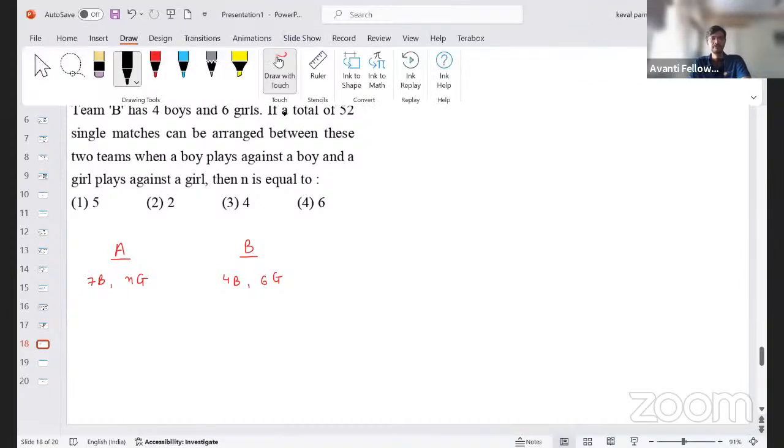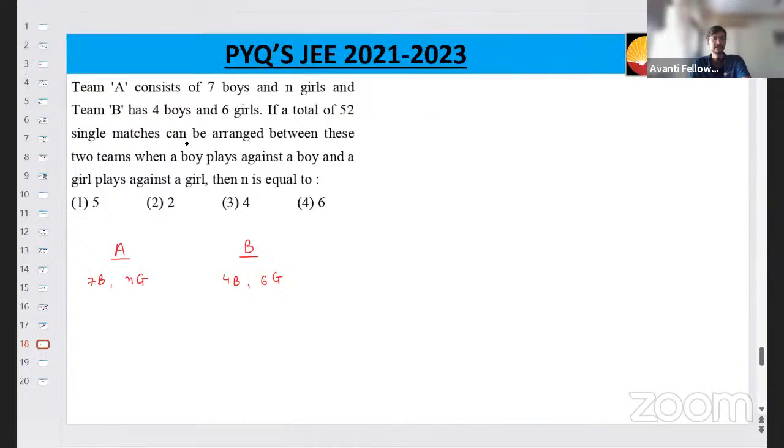If a total of 52 single matches can be arranged between these two teams, when a boy plays against a boy and a girl plays against a girl. So basically what is happening? Total number of matches are 52.